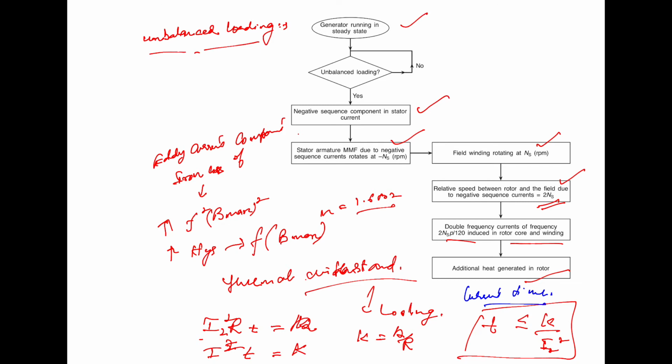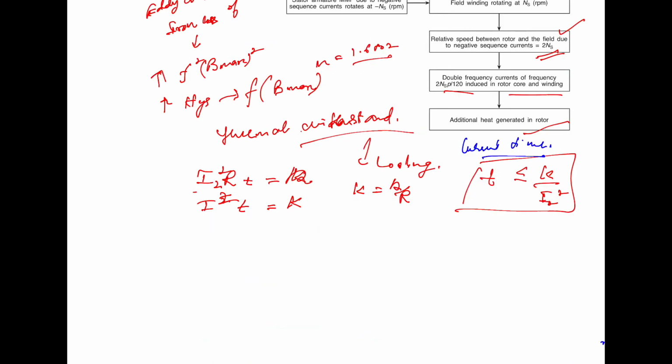This characteristic is similar to an extremely inverse type overcurrent relay, and an inverse type overcurrent relay which is fed with the negative sequence component of the stator current gives protection against the unbalanced loading of the generator.